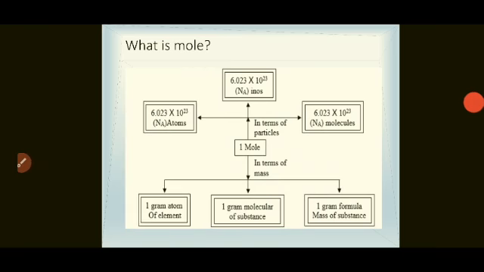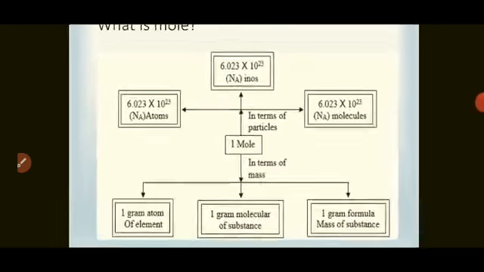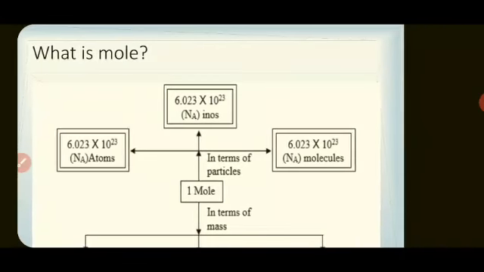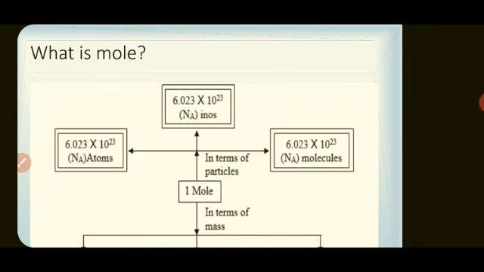Now, what is a mole? Here you will get a clear-cut idea of 1 mole. In terms of particles, this is the number of atoms for an element. If we take any element, these many atoms are present in 1 mole. Like that, 6.022 or 6.023 into 10 to the power 23 ions are present in 1 mole, or it may be molecules also.